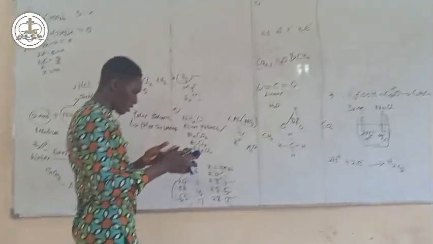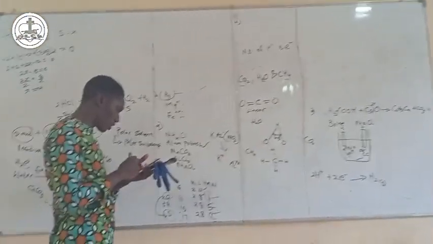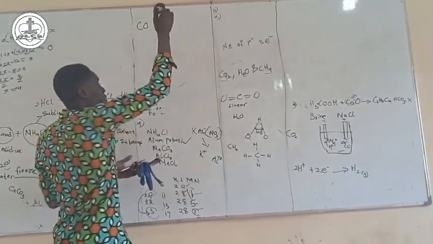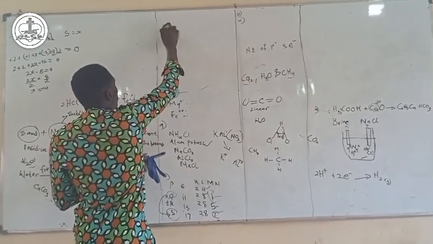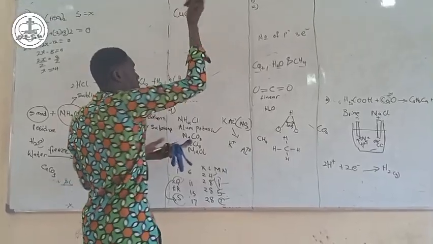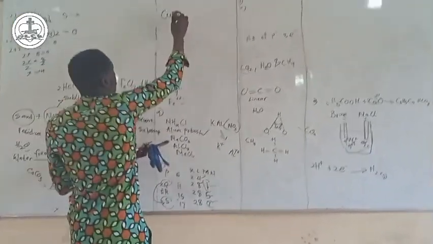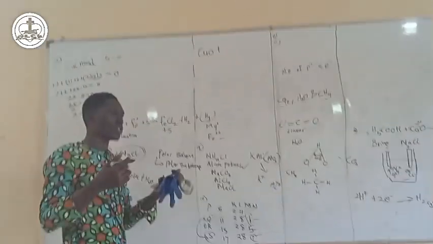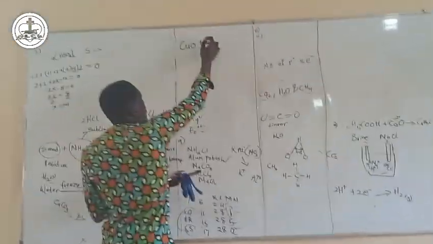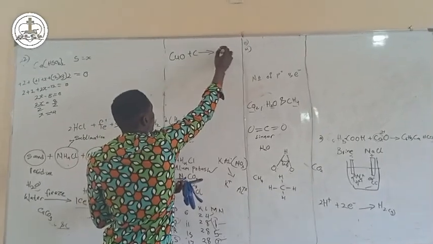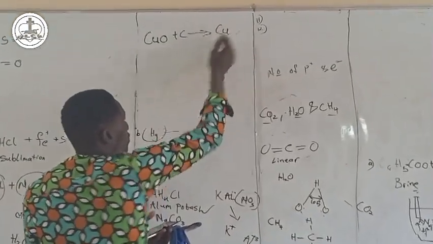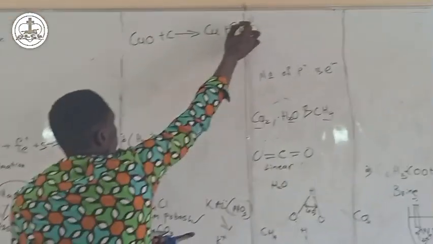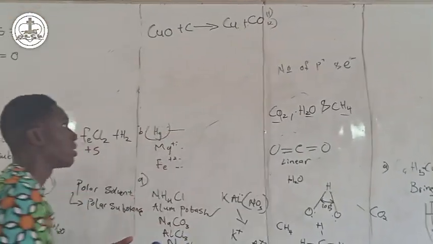So the answer is A. Copper oxide, I will assume it's copper monoxide. Since it was heated with charcoal, charcoal is carbon. So we have it produce copper and carbon monoxide.